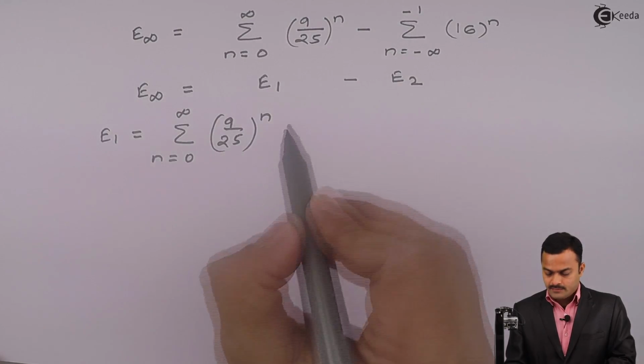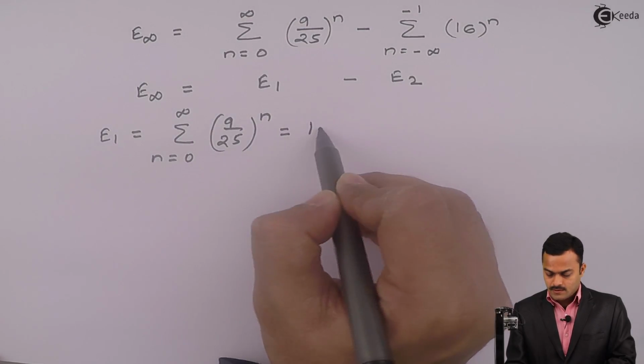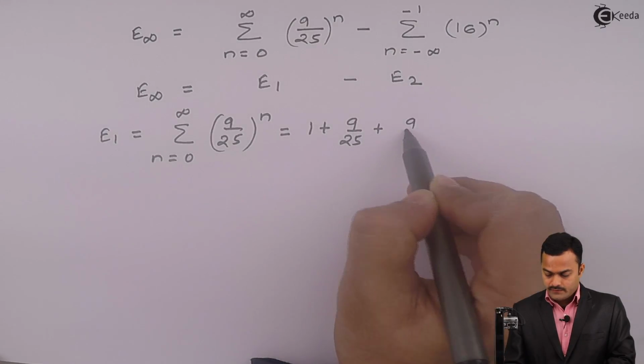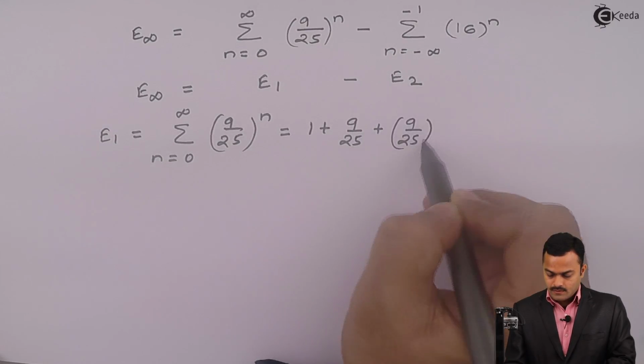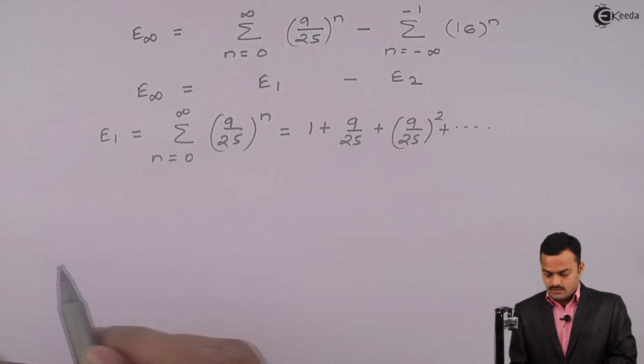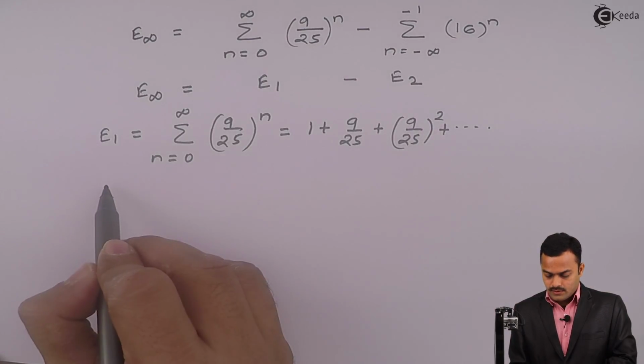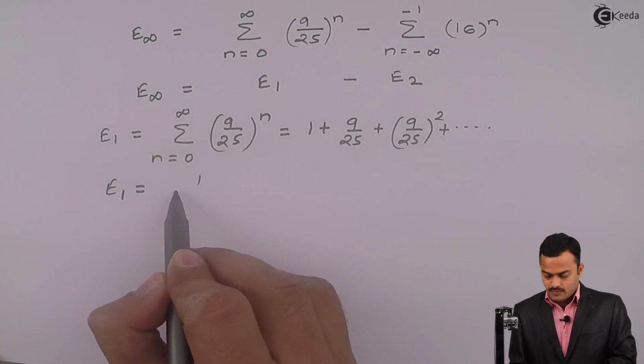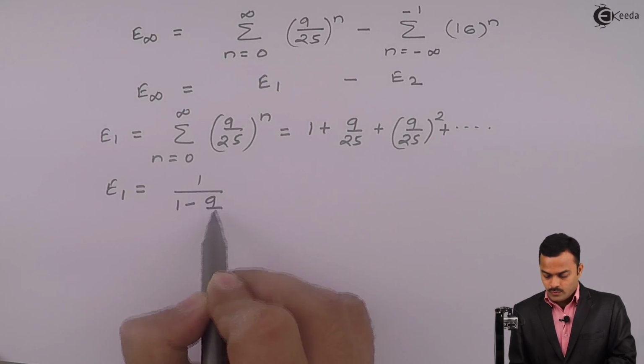This series can be written as 1 plus 9/25 plus (9/25) square, and so on. So E1 will be 1 upon 1 minus 9/25.